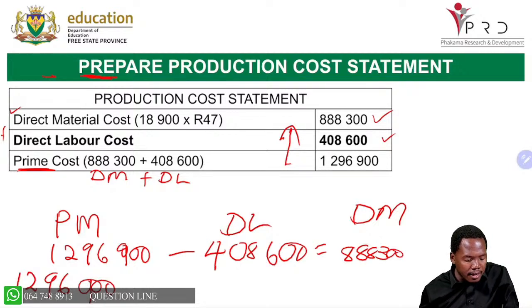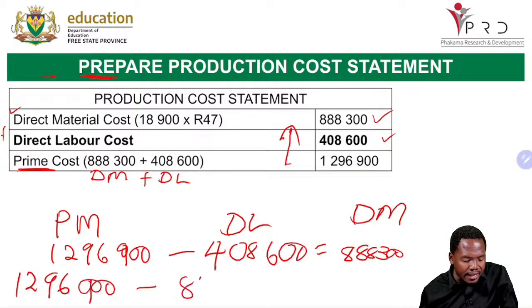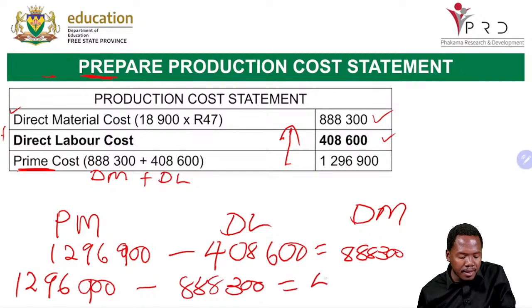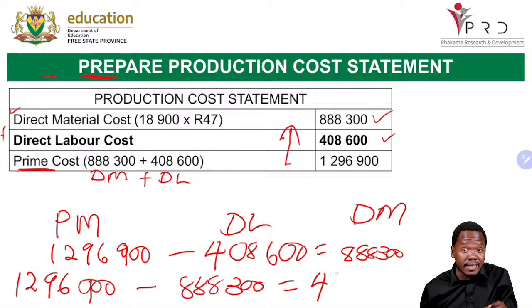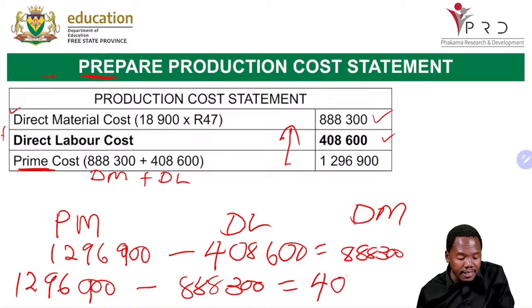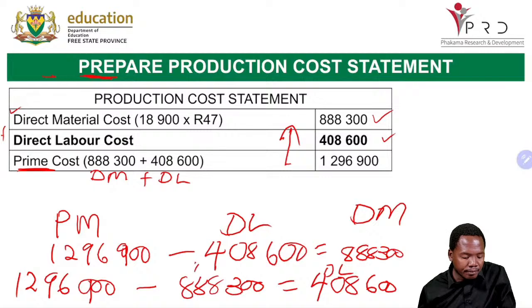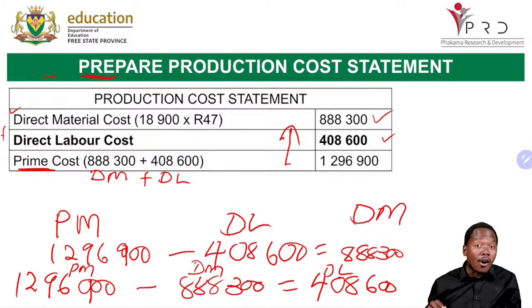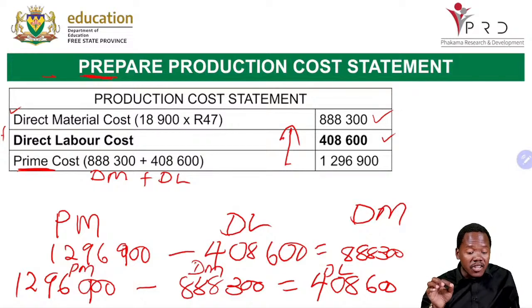My prime cost minus my direct labor cost gives me my direct material cost. My prime cost minus my direct material cost gives me my direct labor cost. Okay. So meaning if you say prime cost minus direct material, you get your direct labor cost.